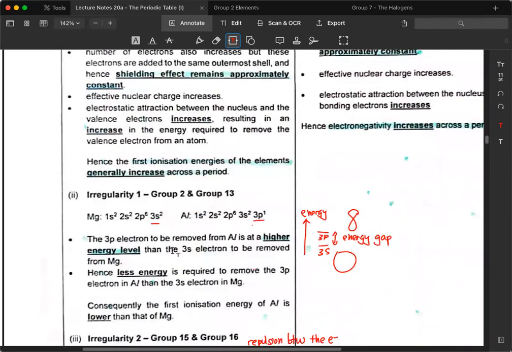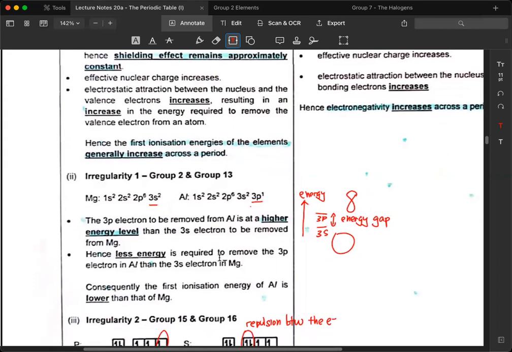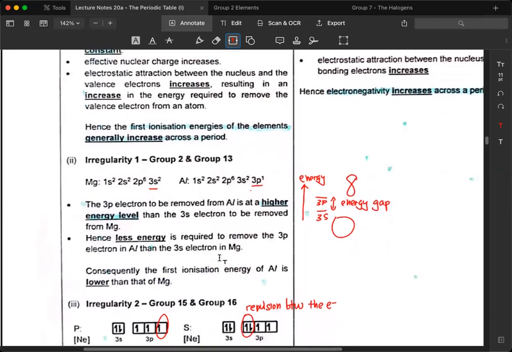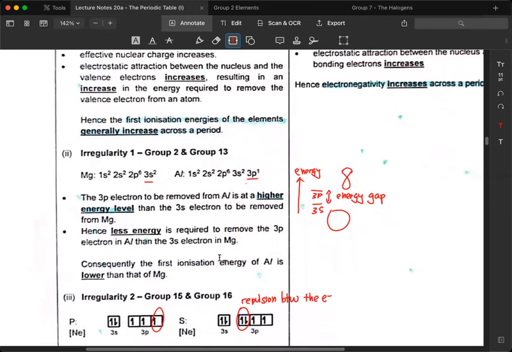That is because the 3p electron to be removed from aluminium is at a higher energy level than the 3s electron from magnesium. So that requires less energy to remove the 3p electron. So the first IE of aluminium is lower due to the higher energy level of the 3p electron.